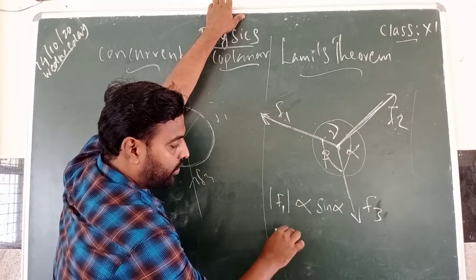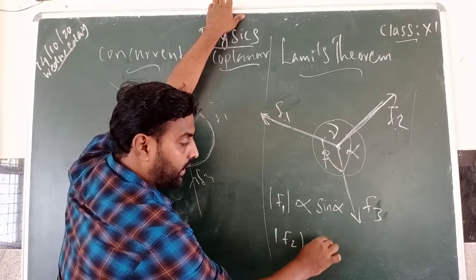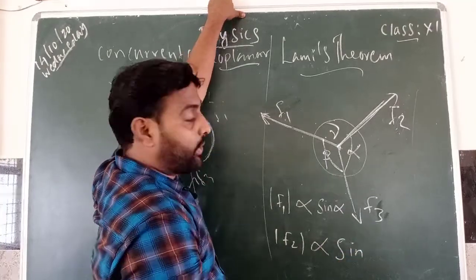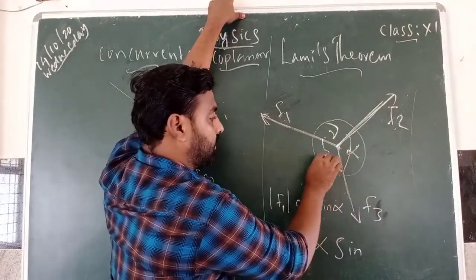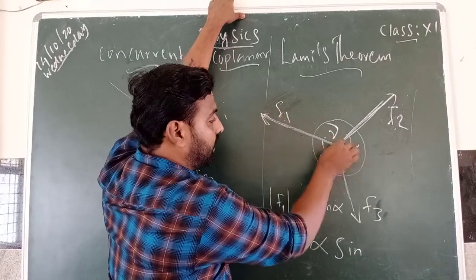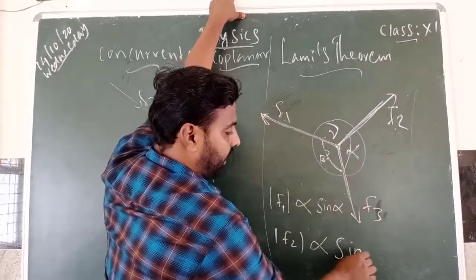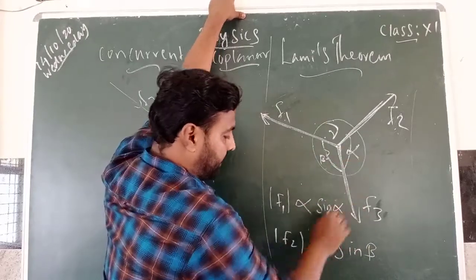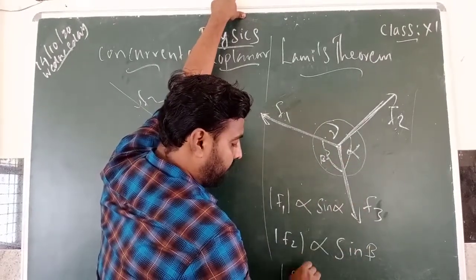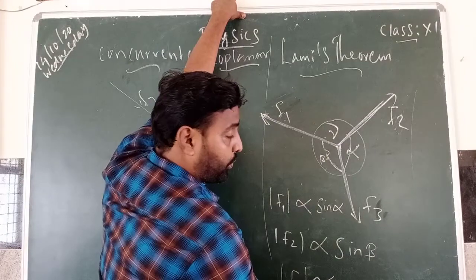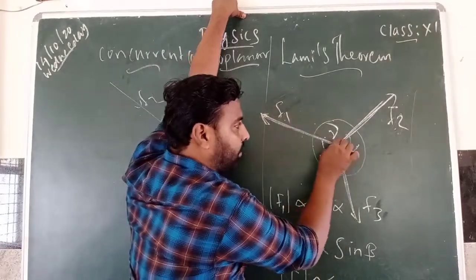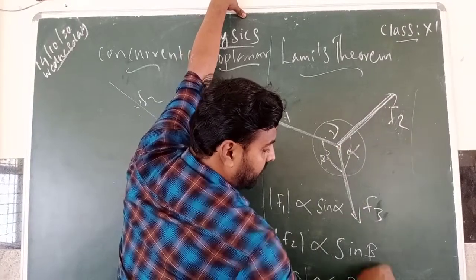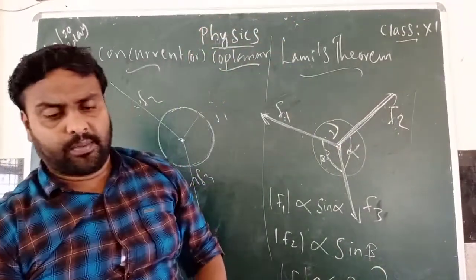So the magnitude of F2 is proportional to the sine of the angle between the other two forces, sine beta. The same thing for F3: the magnitude of F3 is proportional to the sine of the angle between the other two forces, so sine gamma. This is Lami's theorem.